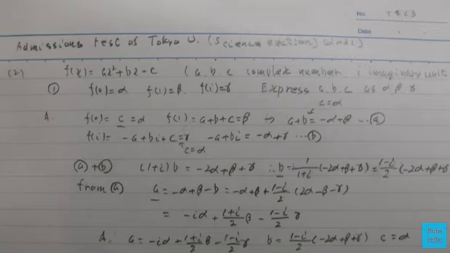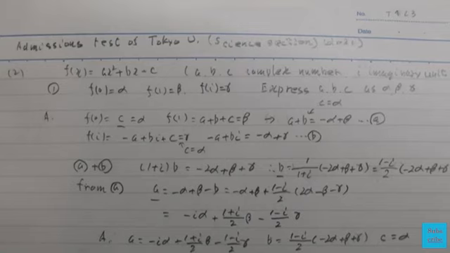Take f(0) equal alpha, f(1) equal beta, f(i) equal gamma. Express a, b, c in terms of alpha, beta, gamma.